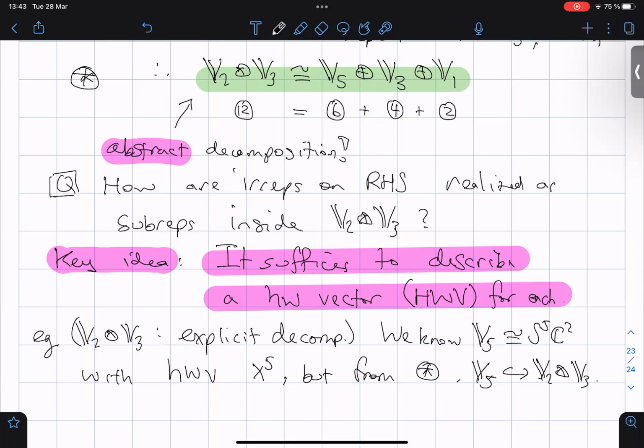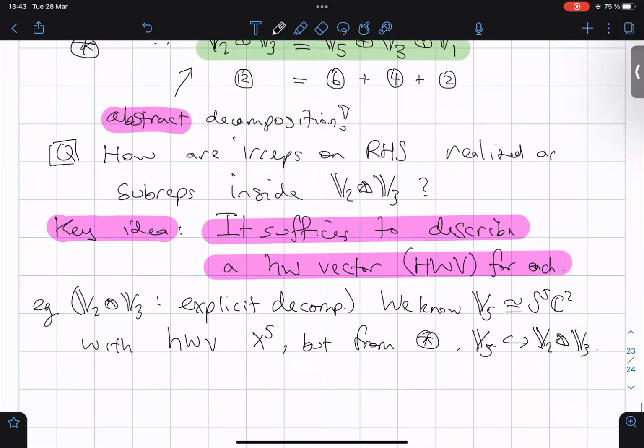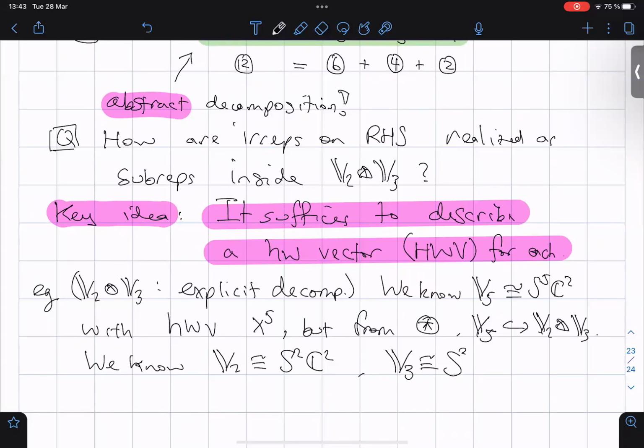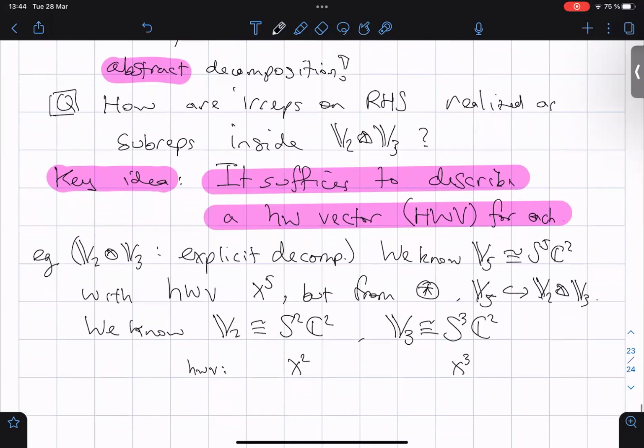We want to describe this. Well, this V2 is S2C2, this V3 is S3C2, with highest weight vectors X squared and X cubed.